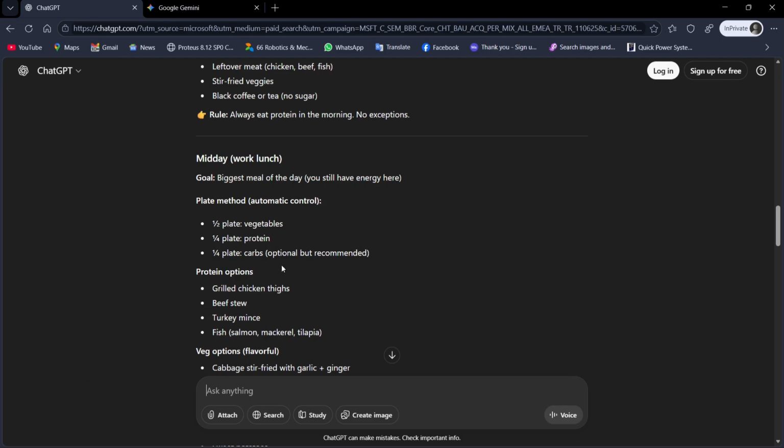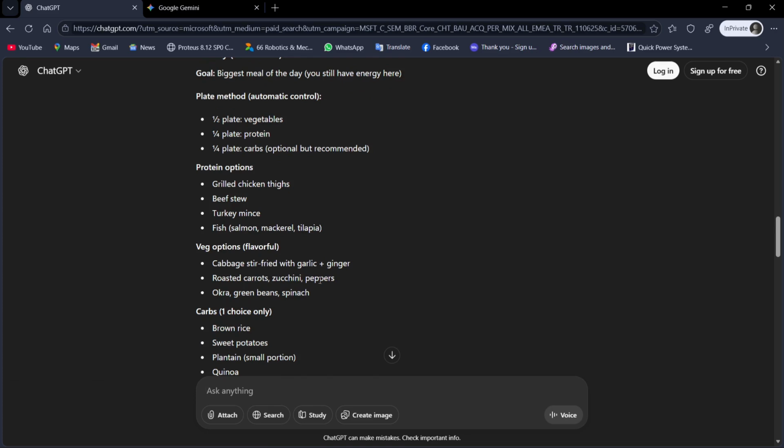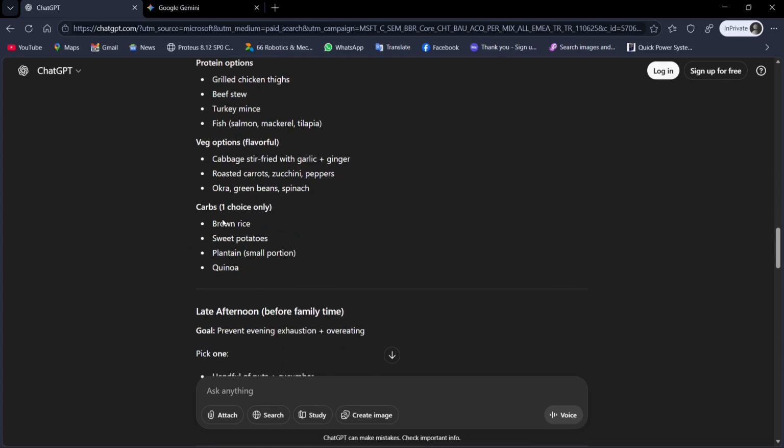Then we have protein options: grilled chicken, beef stew, turkey mince, or fish. Vegetable options: cabbage stir-fried with garlic plus ginger, roasted carrot, zucchini, peppers, okra, green beans, spinach.